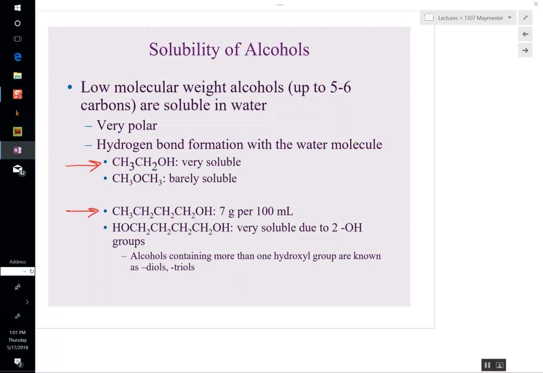Well, you put the 2 together and it's still very soluble in water. So chain length matters. The longer the chain length, the more nonpolar it is, but the number of OH groups that are on it matters. The more OH groups, the more polar the molecule is. All right? So just kind of understand that.